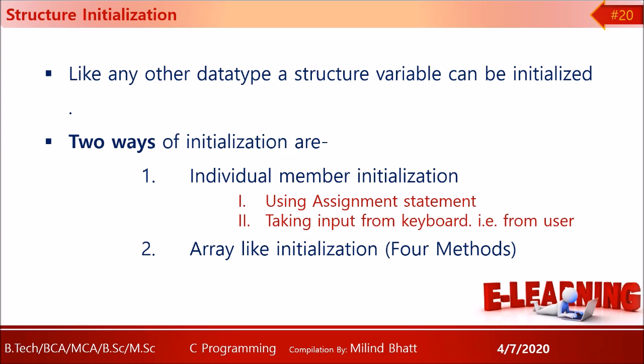Structure initialization: like any other data type, a structure variable can be initialized. The two ways of initialization are individual member initialization and array-like initialization. Individual member initialization again has two ways: the first is using an assignment statement and the other is taking input from the keyboard, that is, from the user. Let's have a deeper look into it.